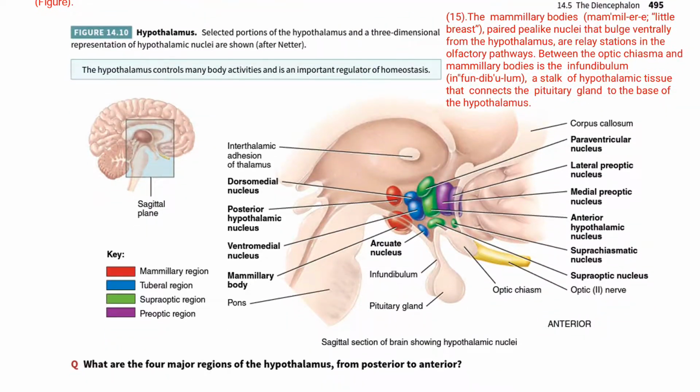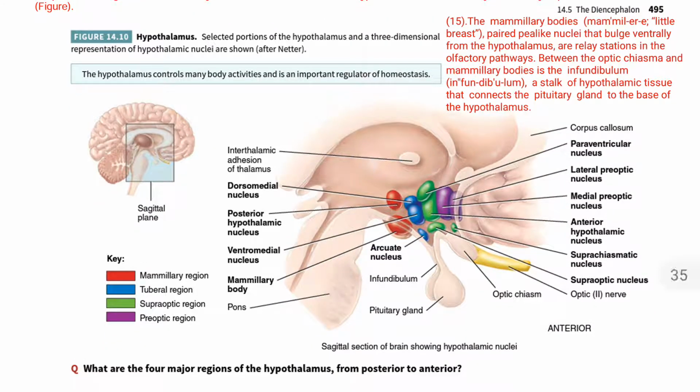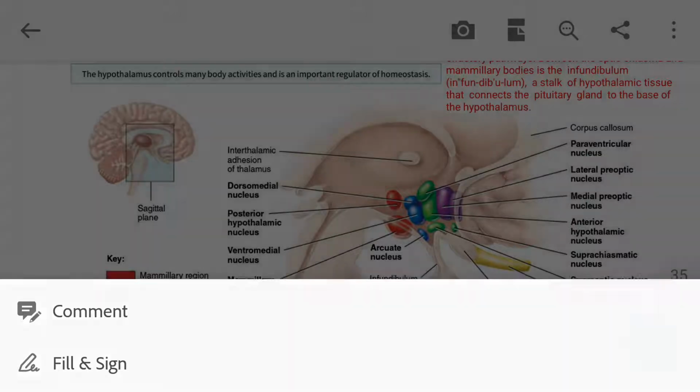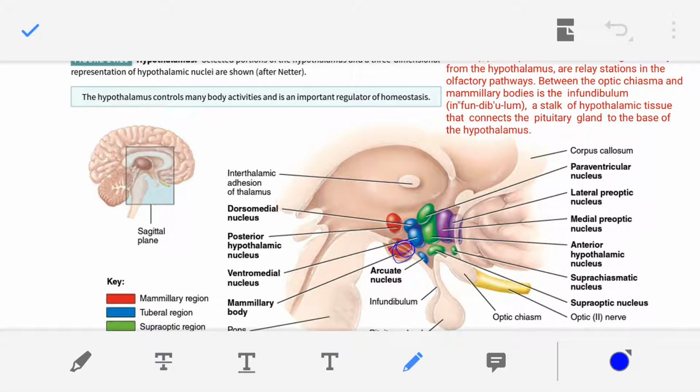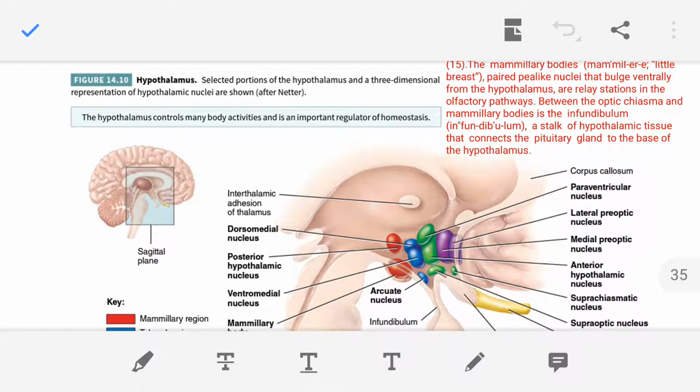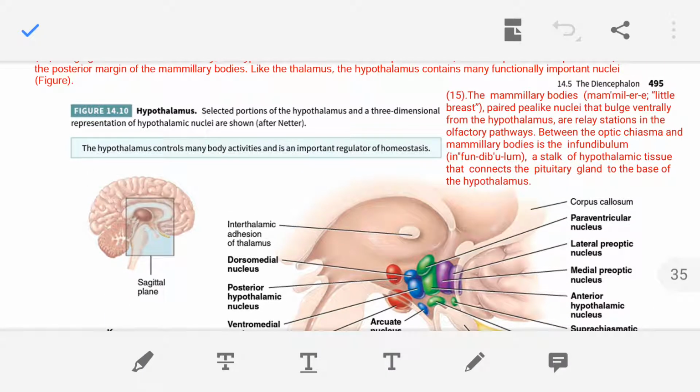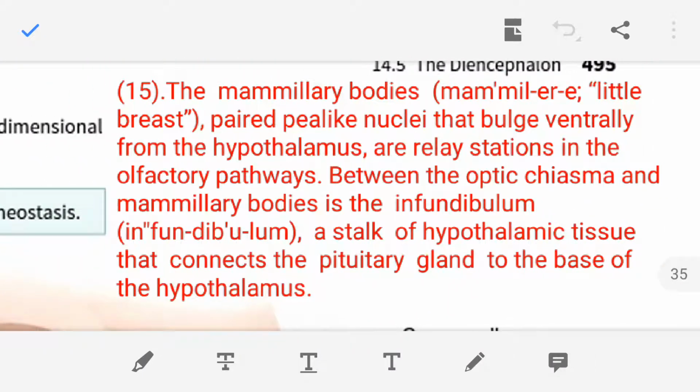Now, the mammillary body. What is the mammillary body? This is the mammillary body they are showing, and now we are discussing it.